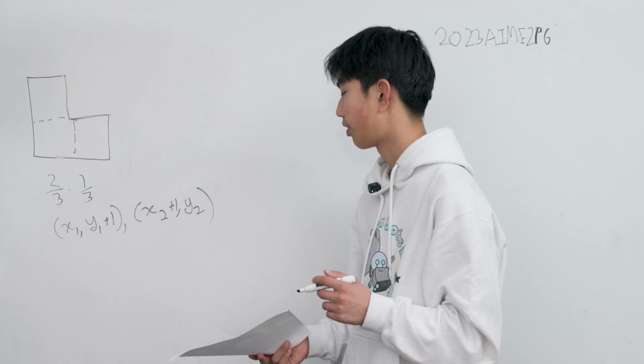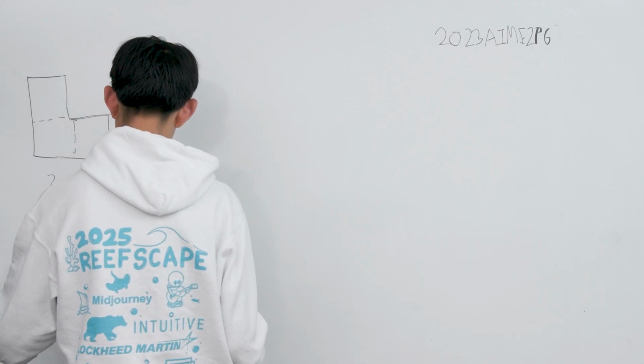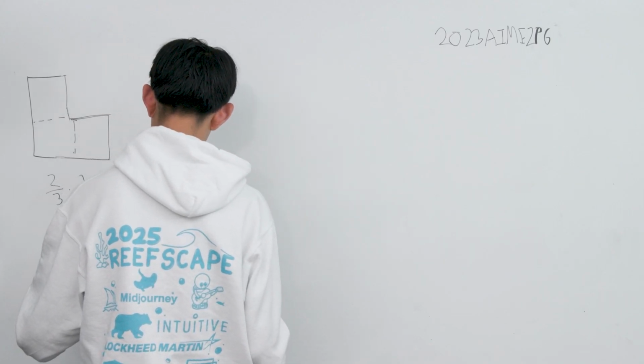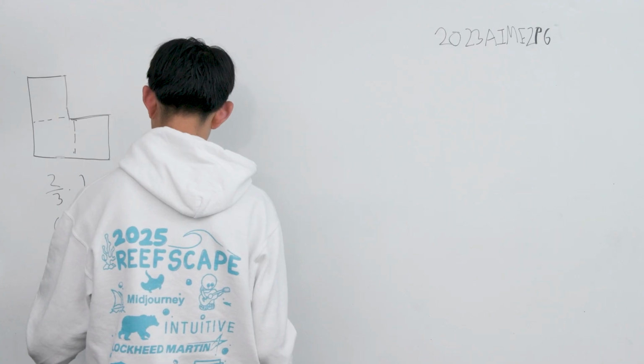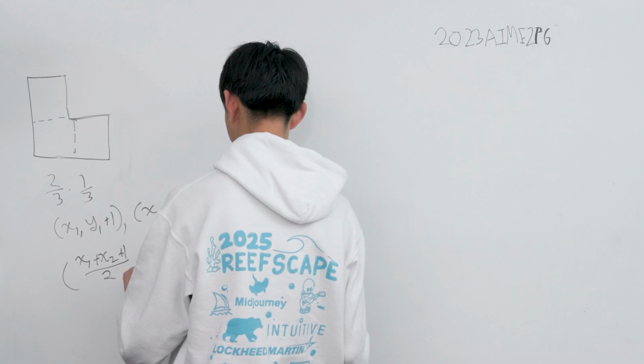So then the midpoint of these points is going to be x1 plus x2 plus 1 over 2, comma y1 plus y2 plus 1 over 2.